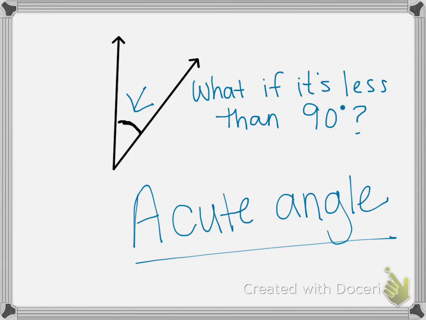Whatever that angle would equal has to be an acute angle because it is smaller than 90 degrees, because remember, two perpendicular lines where they intersect make a 90-degree angle. So those two lines are closer together, which means it's a smaller angle, or an acute angle.